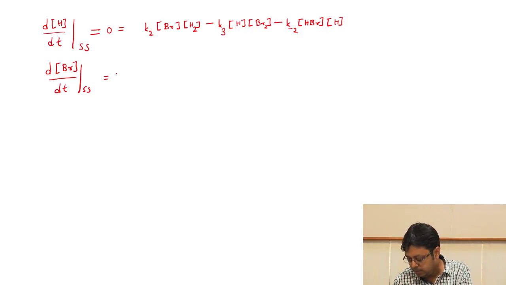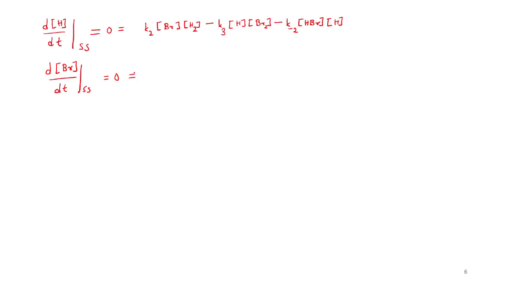Now bromine appears in many places. In the first step, Br2 plus M, it is formed.